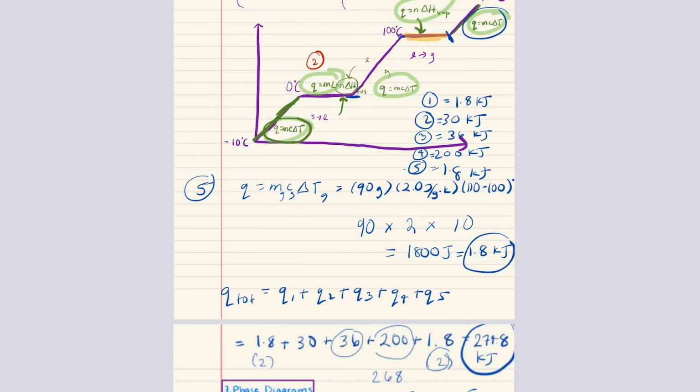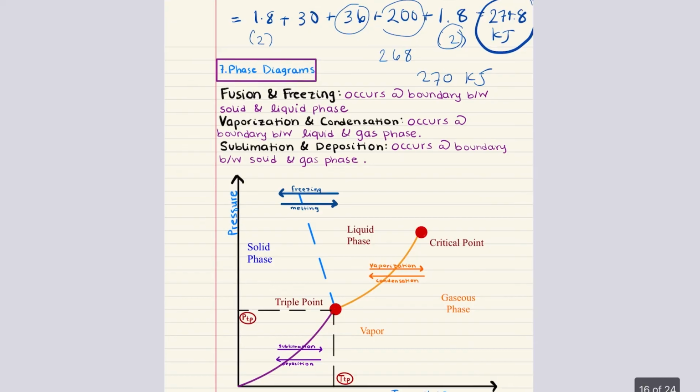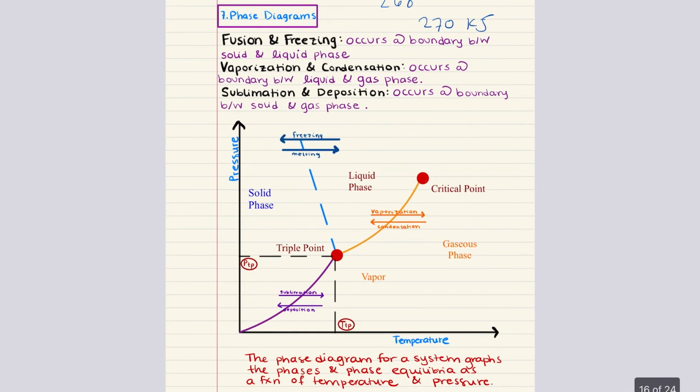Wonderful. Now, our next objective is going to be on phase diagrams. As we understand how heating curves illustrate the energy changes and temperature behavior during phase transitions, we can further expand our analysis by examining phase diagrams.